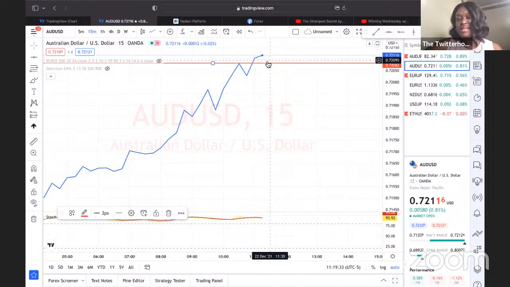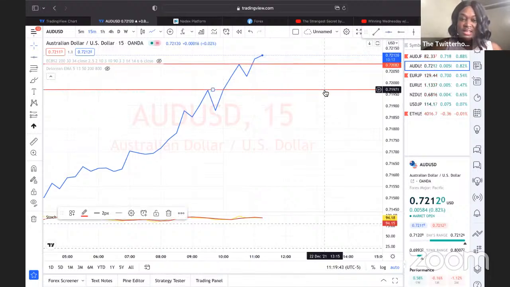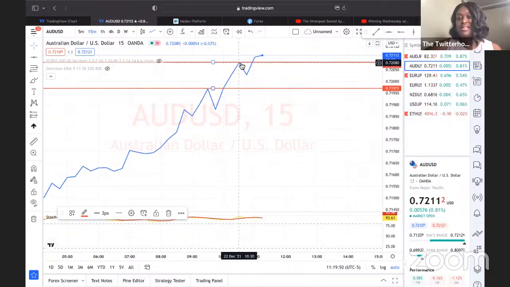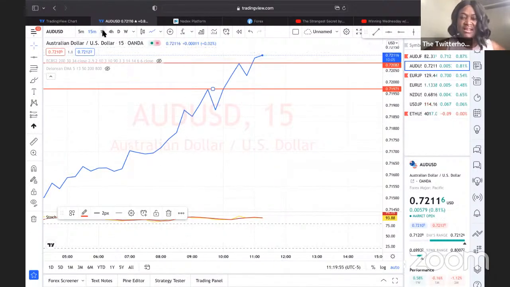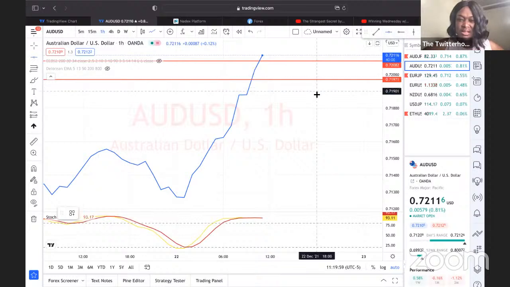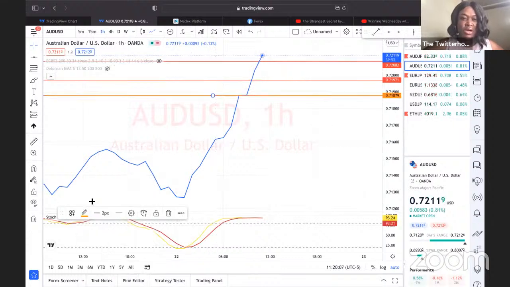So it could come and test here, and now the ceiling here becomes the floor here. But that's really close. So let me go down further. That's another ceiling. It hit here, came down, broke through, hit this ceiling, came down, broke through. Okay. Let's look at it on the hour. Let's hit that. That's another ceiling. All right.